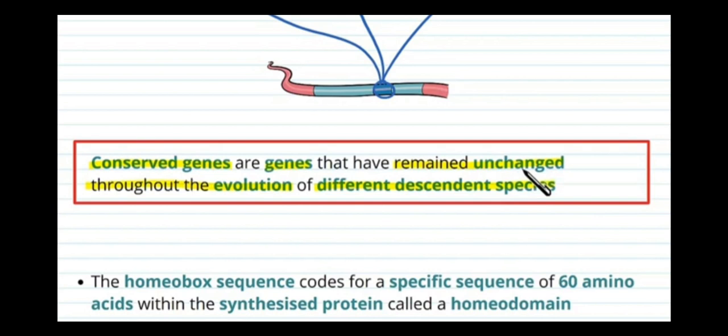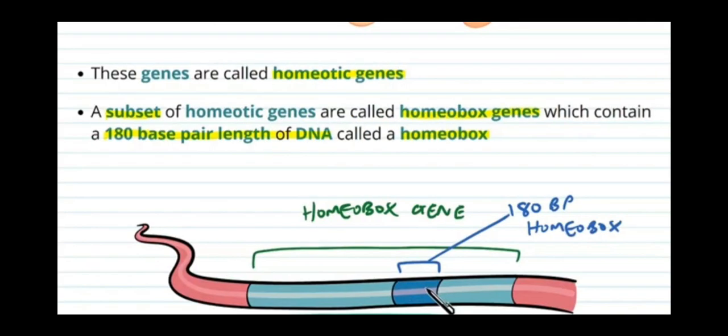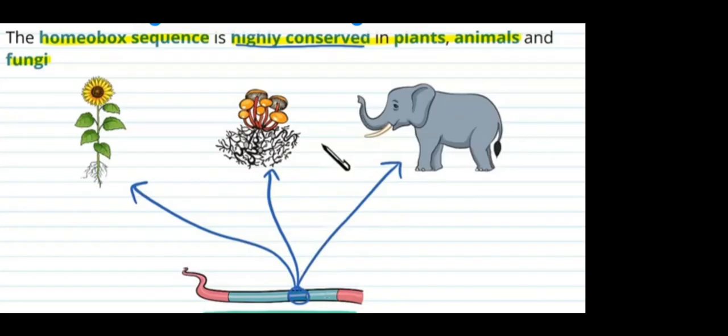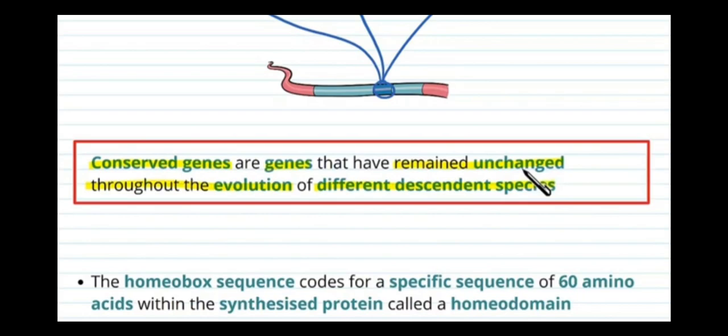Now, when I say that the dark blue region which is present within a homeobox gene, this sequence is highly conserved, and highly conserved means throughout the evolution this 180 base pair sequence or the homeobox sequence has not changed.